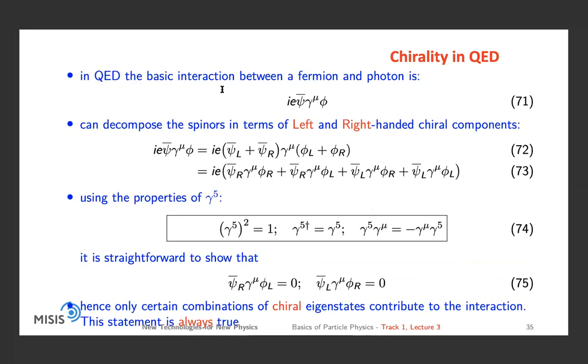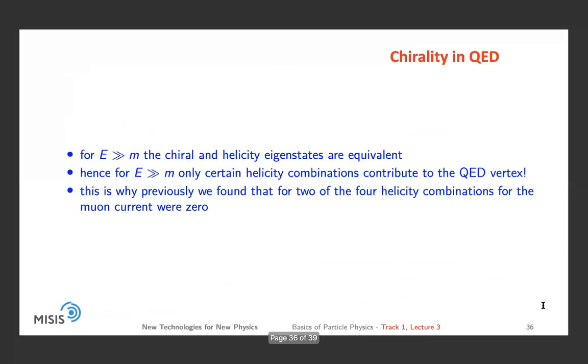In QED, the basic interaction between the fermion and the photon is written in this form. And again, if you decompose the spinors in terms of the left and right-handed chiral components, and use the properties of the gamma 5 matrix, we can show that these two parts in this expression are equal to 0, and only a certain combination of chiral eigenstates contributes to the interaction. So this statement is always true.